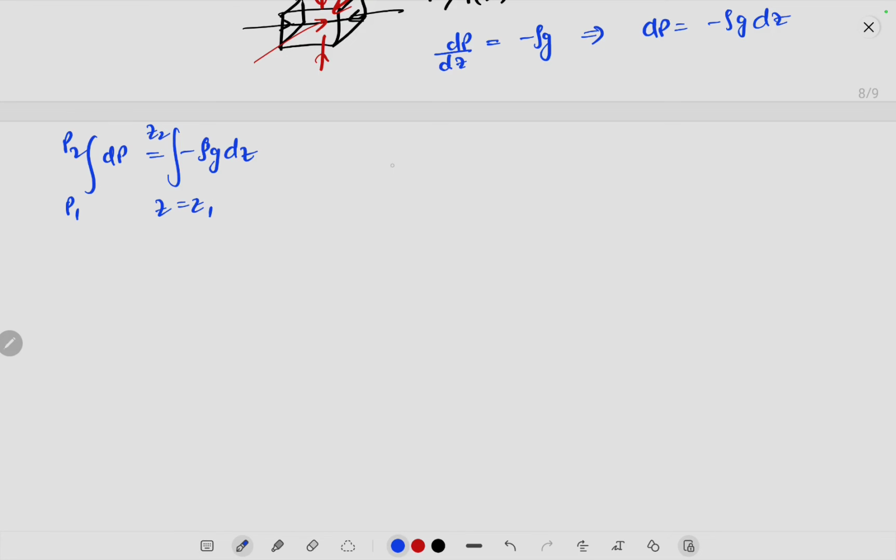Now this expression can be done for liquids and for gases. So let's first do it for liquids.